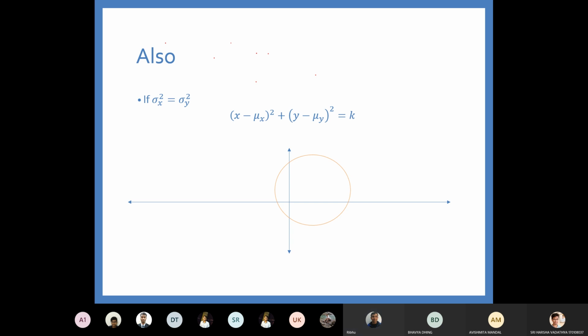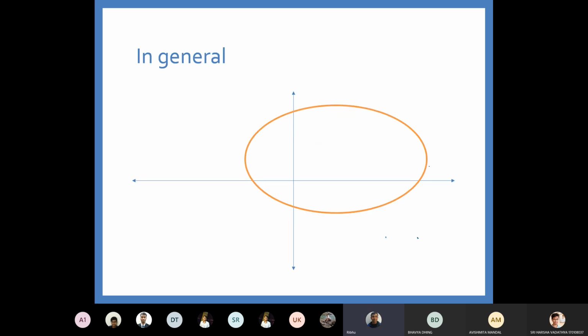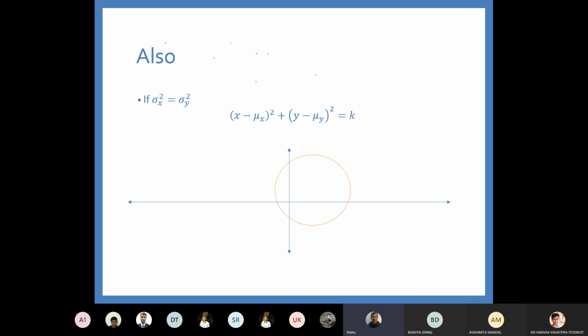So if the variables are uncorrelated, you get the foci along the axis, and if the variances are all equal, or the covariance matrix is a multiple of the identity matrix, then you get a circle in 2 dimensions and a sphere in d dimensions.